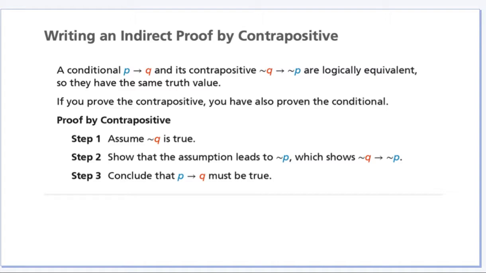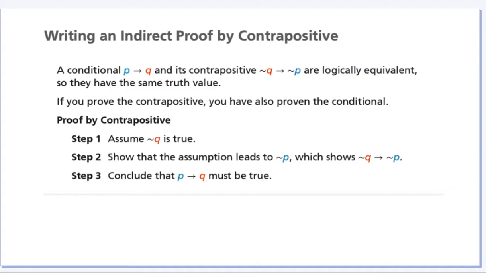Okay, next thing, let's look at a proof by contrapositive. So with a proof by contrapositive, we have a conditional, P implies Q, and its contrapositive, not Q implies not P. So again, they're logically equivalent. Like we said, whenever your conditional is true, your contrapositive is true.